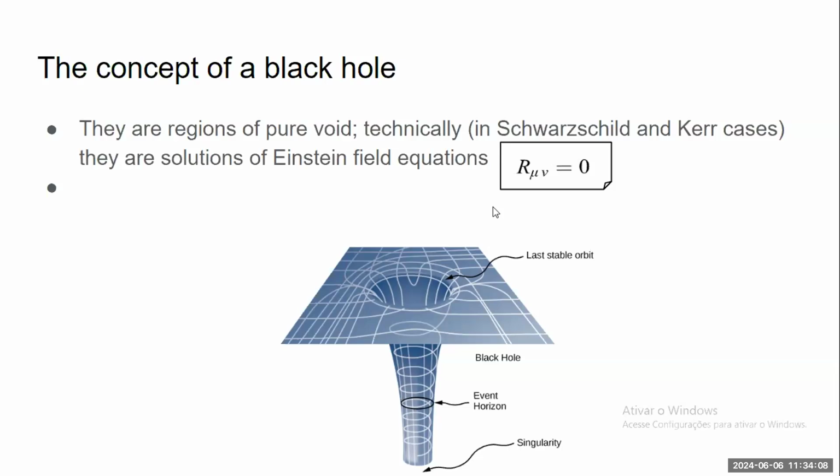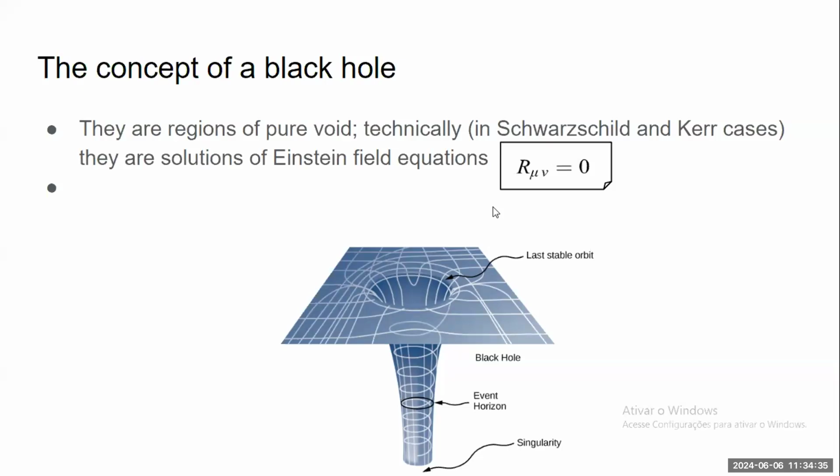Information cannot go beyond, sorry, cannot return from the event horizon to the universe. Basically, everything you throw into a black hole stays in the black hole. The pathological feature of black holes is, of course, singularities.